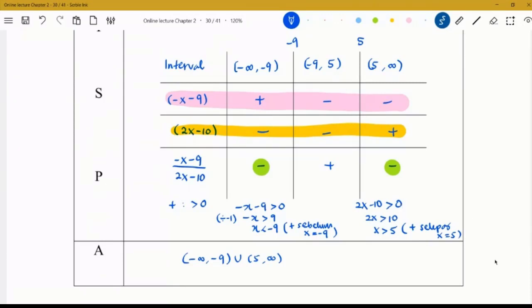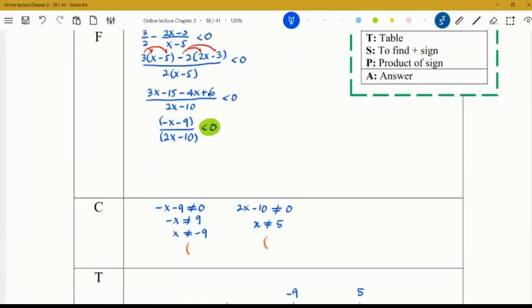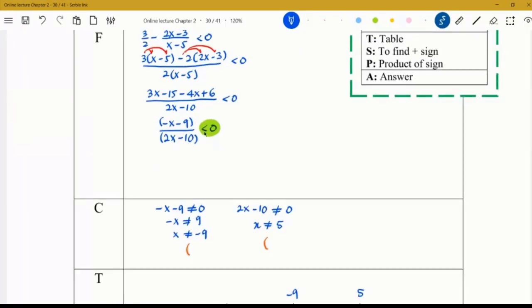Miss, yang negatif x tolak 9 tu kenapa tadi dia tidak sama dengan kosong? Sebab bahagian dekat sini tak ada equal sign. Kamu punya original inequalities tak ada equal sign. Kalau ini ada equal sign, di sini equal to 0. Tapi dekat sini tak ada equal sign, ini jadi not equal to 0.